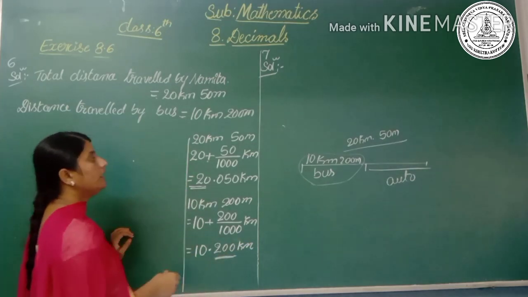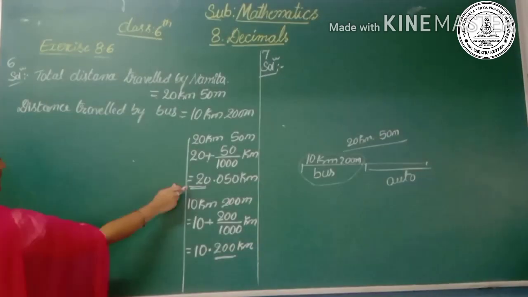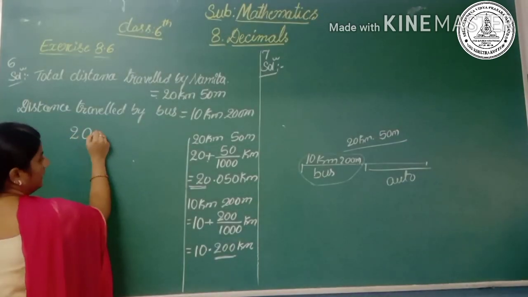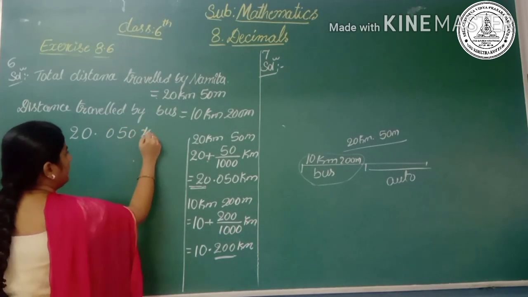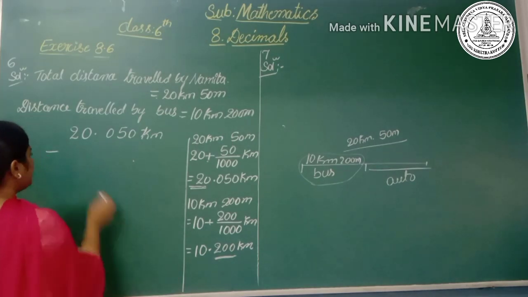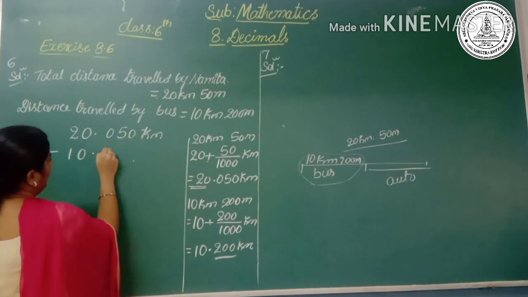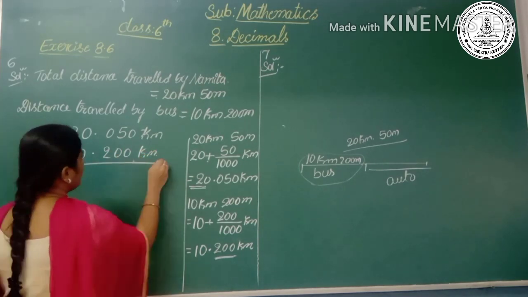Now both distances are in kilometer. Now you subtract. The total distance is 20.050 kilometer minus the distance traveled by the bus, 10.200 kilometer.